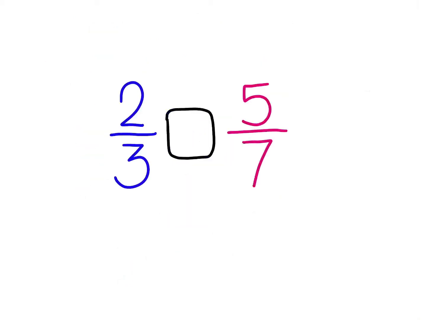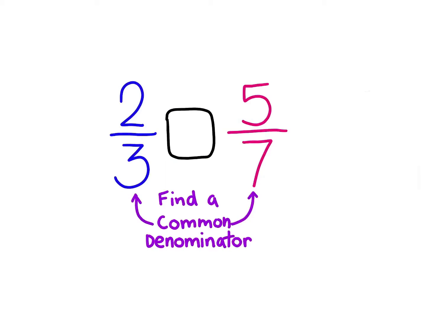Let's try another one. Compare the fractions 2/3 and 5/7. At first glance, you'll see that the denominators are not the same. 2/3 has a unit fraction of thirds, and 5/7 has a unit fraction of sevenths. Our two denominators are 3 and 7. We need to look for equivalent fractions in order to find a common denominator.